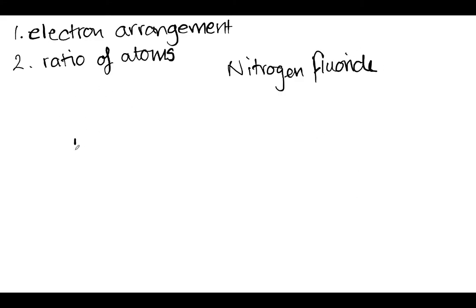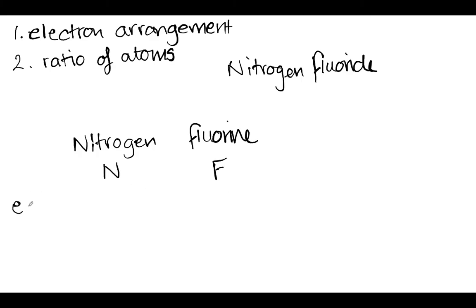So in nitrogen fluoride, we obviously have nitrogen and we have fluorine, N and F. The electron arrangement for nitrogen is 2, 5, and the electron arrangement for fluorine is 2, 7.